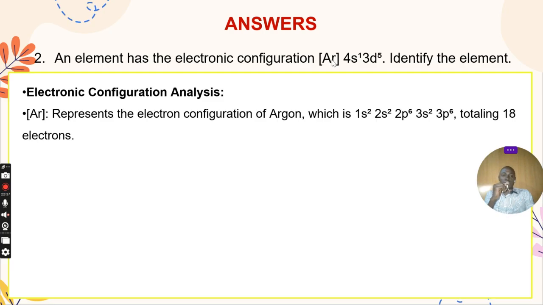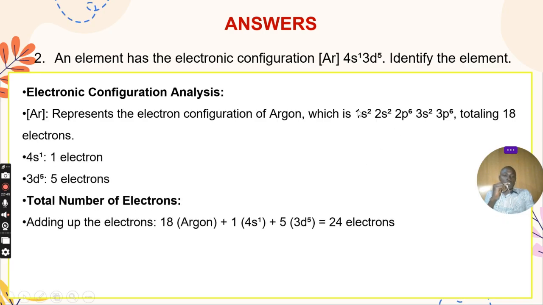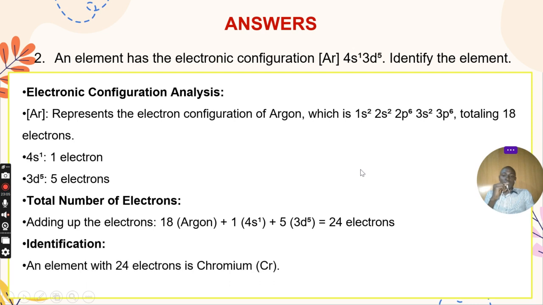So you first write out the electronic configuration of argon, and then complete it with what is left. If you do that correctly, you see that this is the configuration of argon. There are 18 electrons in all, and then the next is 4s1, which has 1 electron, followed by 3d5, which has 5 electrons. Once you add all, you get 24 electrons, and that represents the element chromium once you check your periodic table.